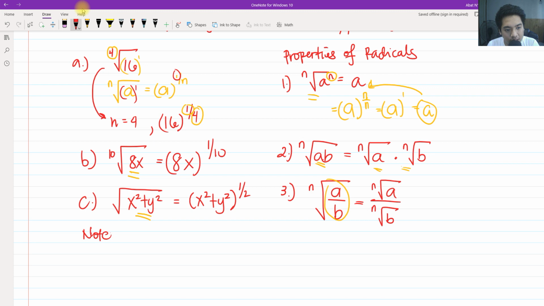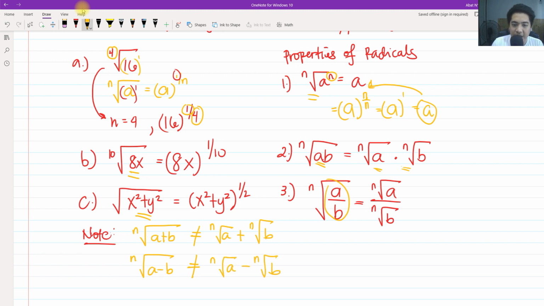Note, let's say we have an example like this: the nth root of A plus B is not equal to the nth root of A plus the nth root of B. The same goes for A minus B. That cannot be written as the nth root of A minus the nth root of B. Only the products and the division, or the quotient, we can break up.